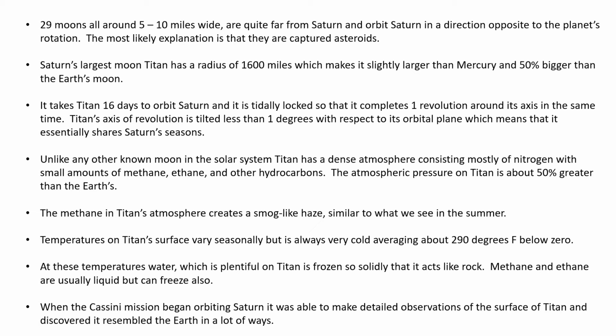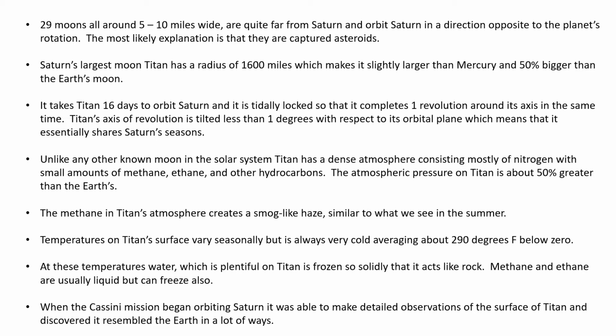So what that says is if you were able to sit on the surface of Saturn, which you can't because there's no surface, it's all gas, you would always see the same side of Titan, just as we always see the same side of our moon. Titan's axis of revolution is tilted less than 1 degree with respect to its orbital plane, which means that it essentially shares the same seasons that Saturn has.